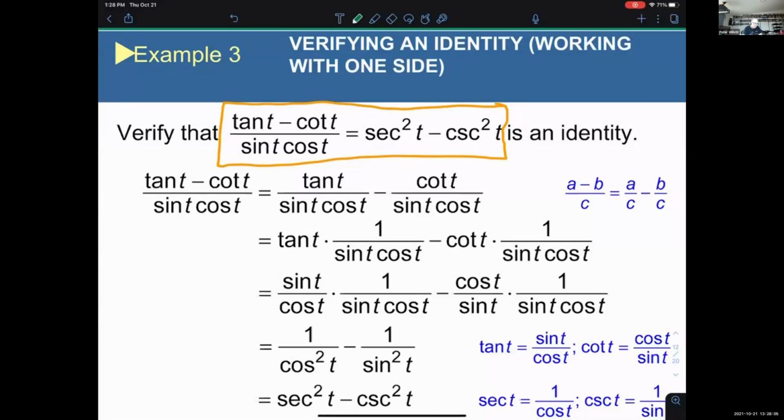Then on the right, you have 2 fractions with the same denominator, and they are subtracted. So they're reminding us from algebra that when you have 2 fractions with a common denominator that are added or subtracted, then you can just add or subtract the numerators and put them over that common denominator.